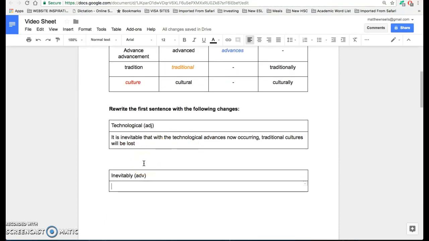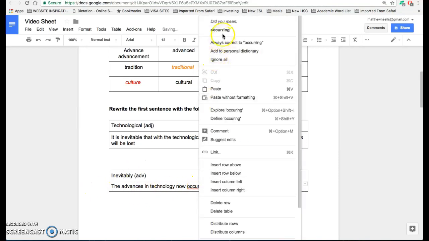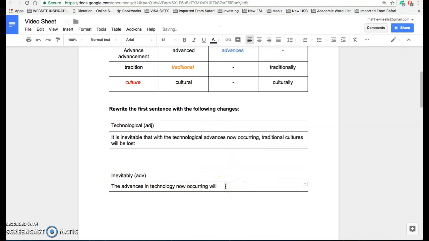Okay, so I'm going to say the advances, there you go, advances noun, in technology, 2 nouns, now occurring, will, I should learn how to spell occurring, huh? Double R, maybe. Now occurring will inevitably lead.